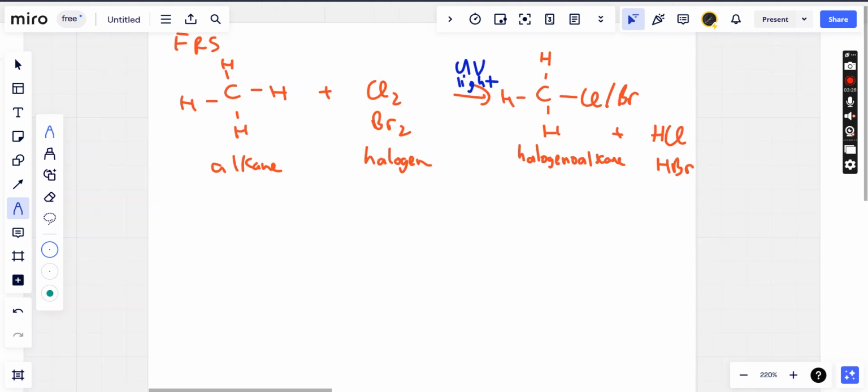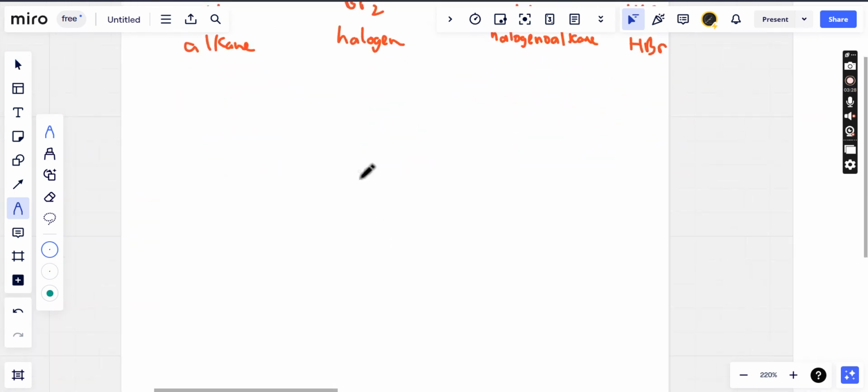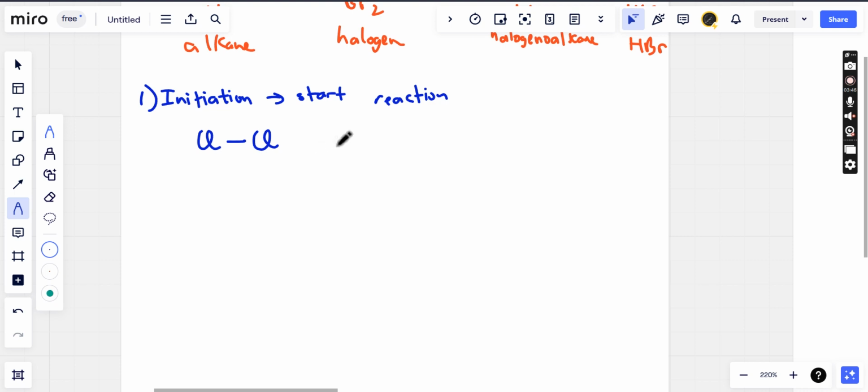Okay, so you have to know the mechanism for this. It proceeds via a three-step process. The first step is called the initiation step, whereby you start the reaction. So first, let's say you have Cl2, and then you irradiate it with UV light.